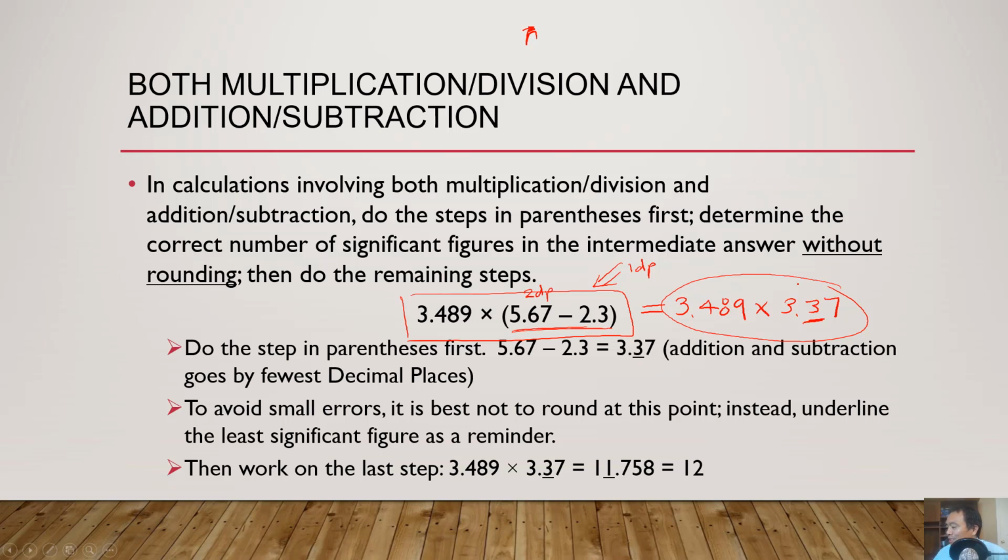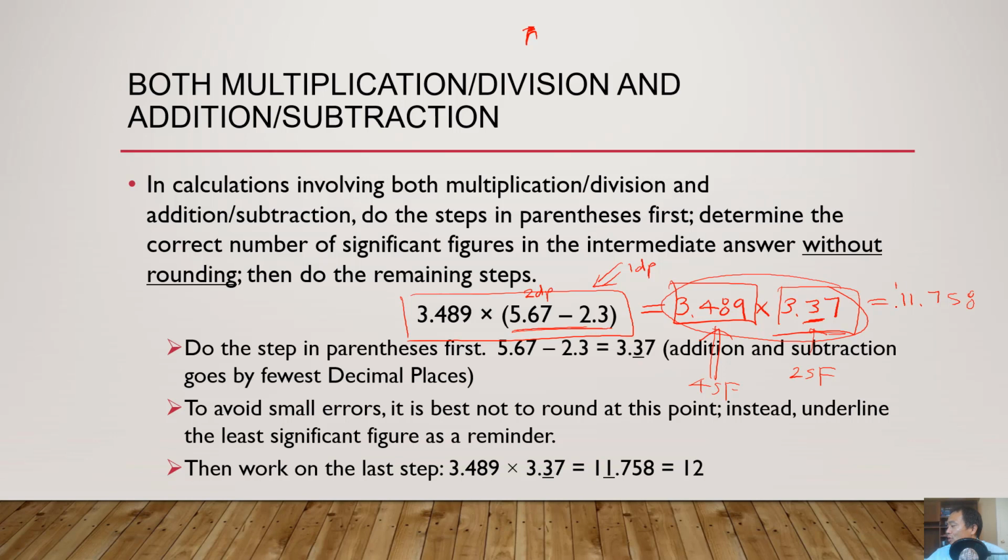So for the next step, apparently it's multiplication. Your calculator gives you 11.758. Do you remember this step is multiplication? Multiplication goes by sig figs. The first number in the box has 4 sig figs. The second one, remember, that's not 3 sig figs because the 3 over here is the last digit, as we underlined, so that's 2 sig figs.